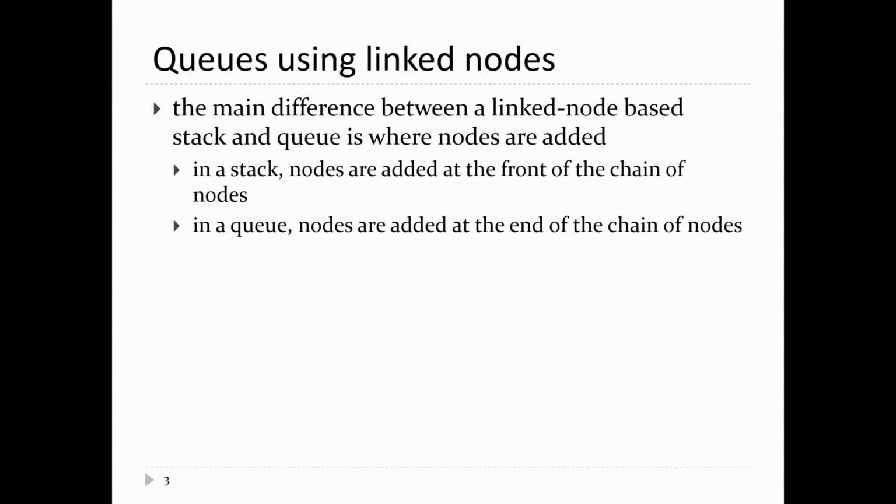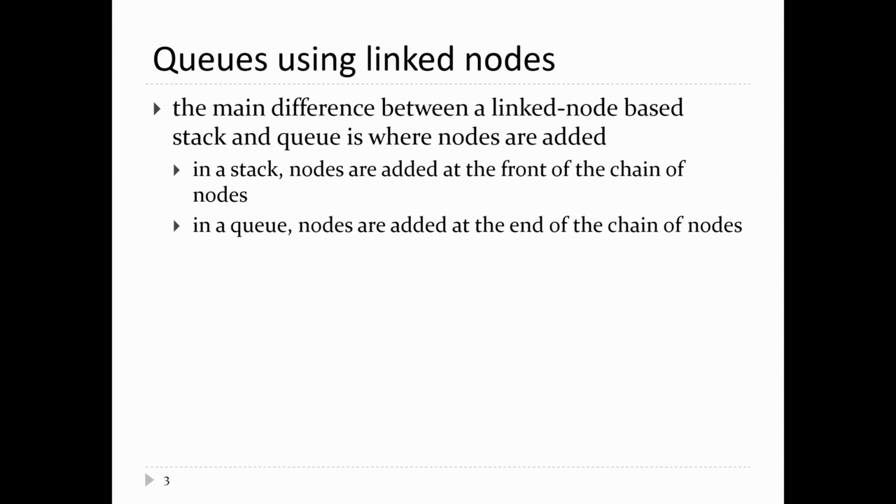So if you switch to a node-based implementation, remember that each node holds an element, but it also holds a reference to the next node in the sequence. Then the implementation is very similar to how we implemented a node-based stack. The main difference is, in a stack, the nodes were added at the front of the chain of nodes.